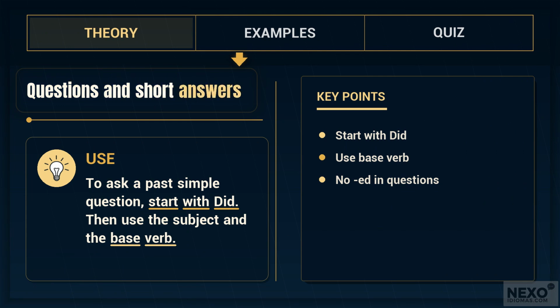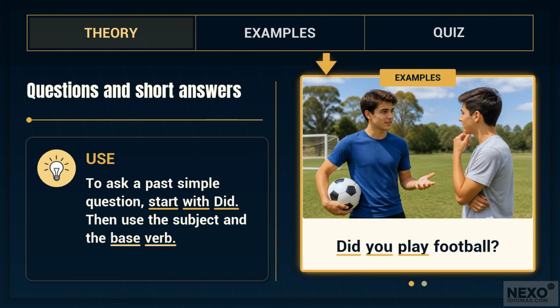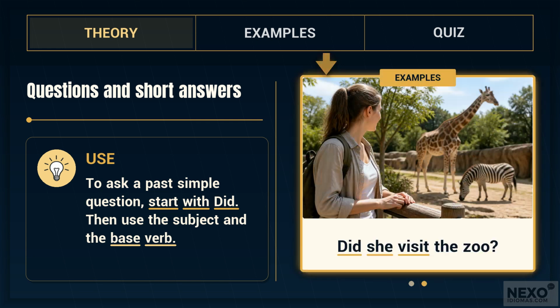Questions and short answers. To ask a past simple question, start with did, then use the subject and the base verb. Example, did you play football? Example, did she visit the zoo?